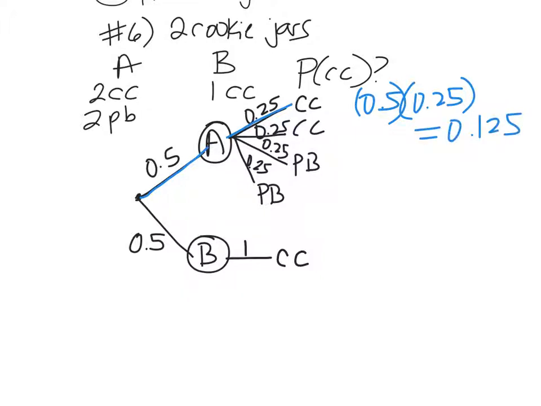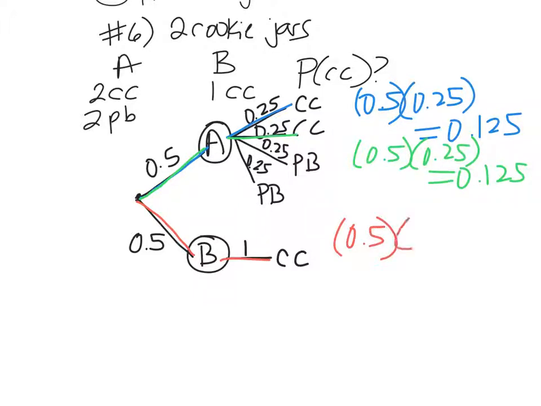Do it again with the next one. You choose A, the probability of getting a chocolate chip cookie is exactly the same thing. 0.5 times 0.25 is 0.125. All right, and then instead of choosing A, we can go to B and get that chocolate chip cookie by doing 0.5 times 1, which is 0.5.